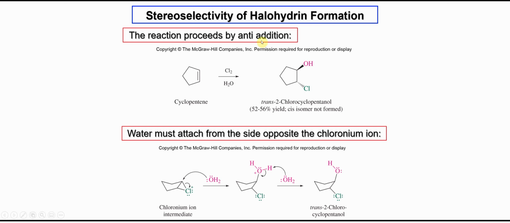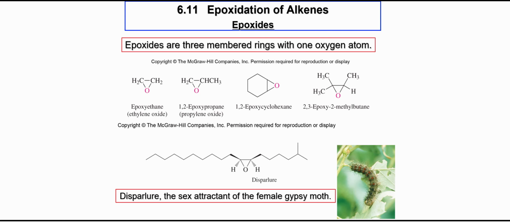Again, you form an anti-addition. OH and Cl, these 2 substituents, must be located in the anti-position, trans position. That trans isomer is your dominating product. You have 52 to 56%.